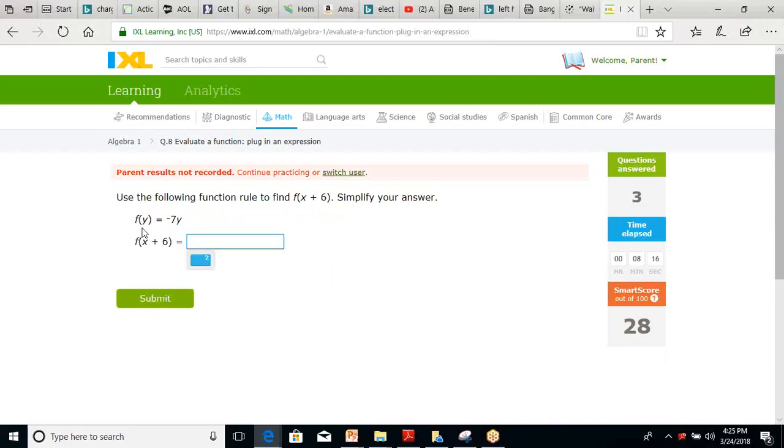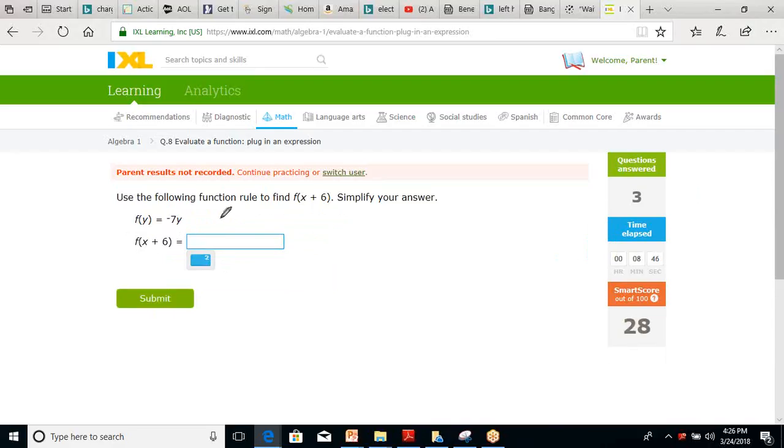All right. So F(y) is equal to minus 7y. If your y is x plus 6, for y you're going to substitute that.